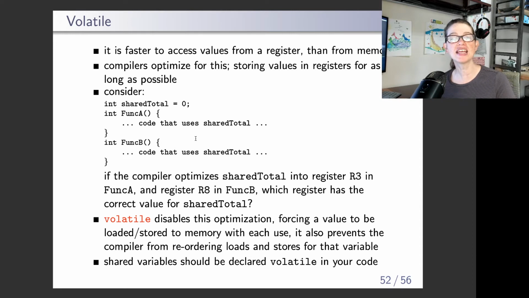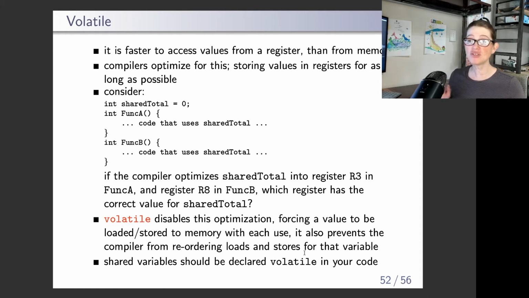It eliminates the compiler-induced race condition over shared total, but it doesn't solve your race condition. So using volatile doesn't mean you don't need locks, because the only thing that volatile does is disable an optimization. Volatile is not a lock. It cannot be used as a lock. It is only disabling an optimization, and that is it. Make sure you use it.